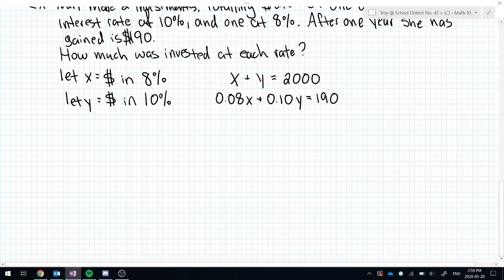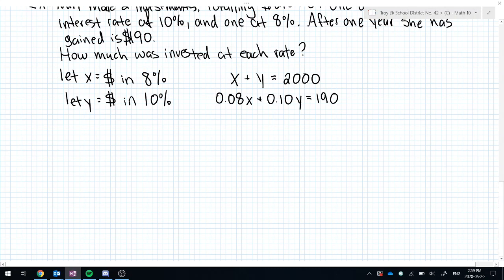But remember what I said last week. If you have a variable in either equation in your system that does not have a coefficient, it's going to make your life a lot easier. That's one less step of arithmetic that you have to do in your method to get to the answer.